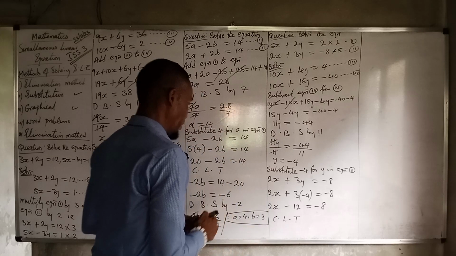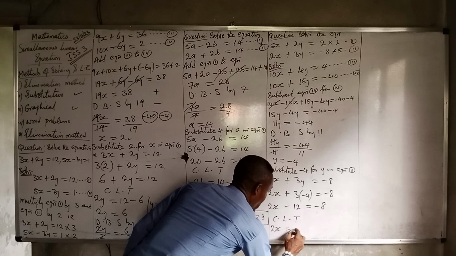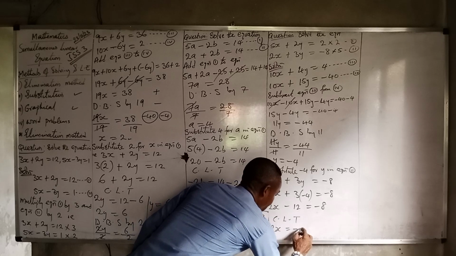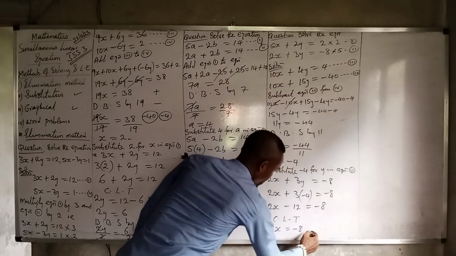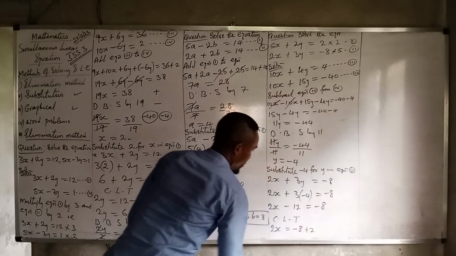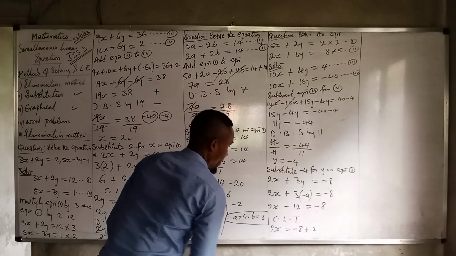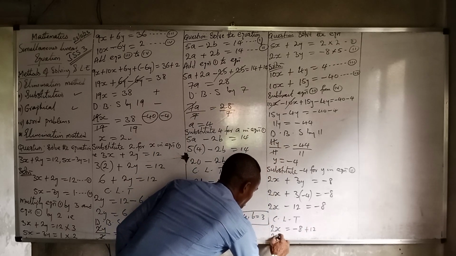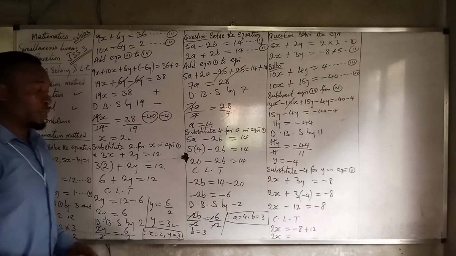Collect like terms. I have 2x equals minus 8, and this minus 12 will cross and become plus 12. So 2x equals minus 8 plus 12.